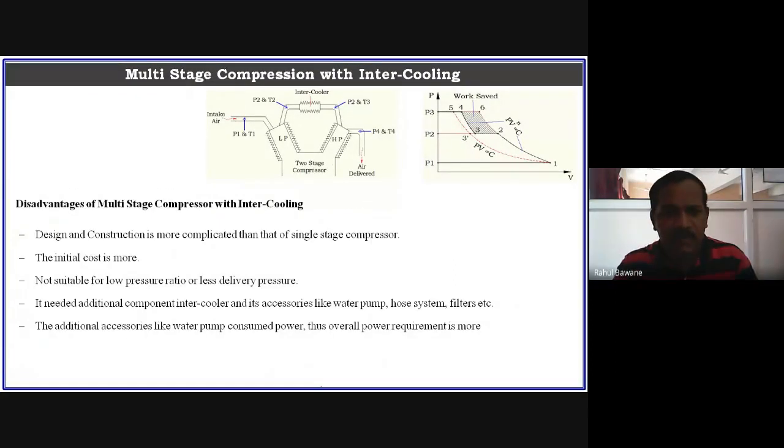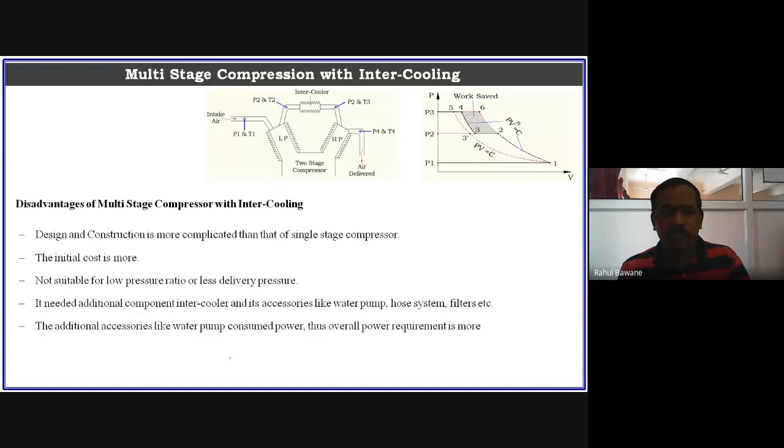But still there are some disadvantages also. Design and construction is more complicated. Why more complicated? Because there are two cylinders but a single crankshaft and a single drive, the electric motor.